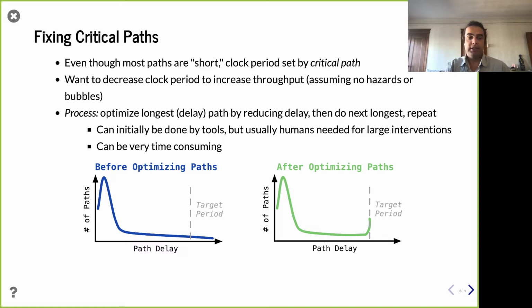So if you imagine a distribution, this is a cartoon, where we're considering all the possible paths in a design and how long they take and how frequent they are, right? And maybe this is a log scale. So, most paths have a noticeable delay, but not that bad, right? Then there's this long tail of increasing delay paths, right?